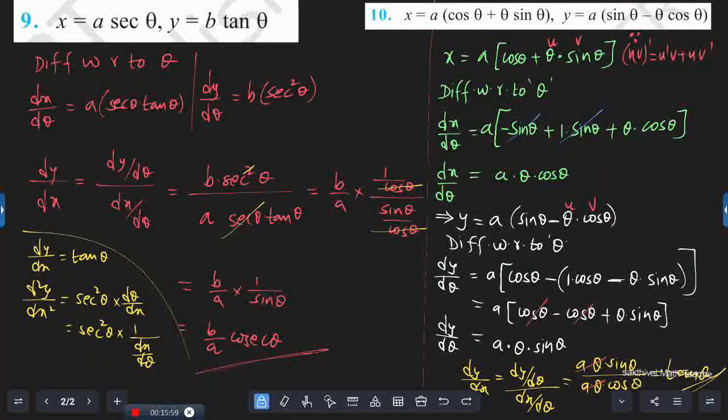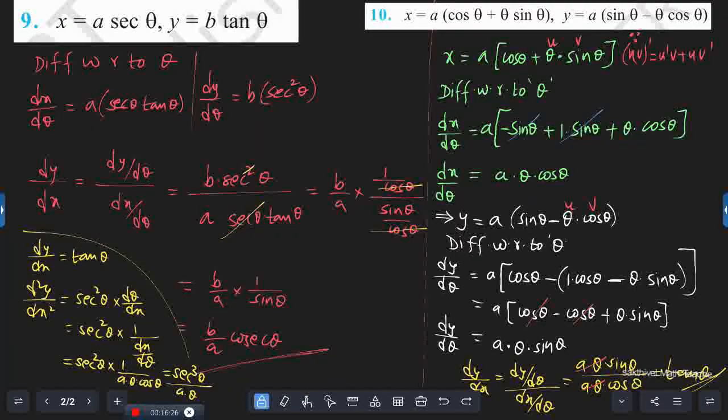So it is secant square theta, 1 divided by a cos theta. 1 by cos is secant. Secant into secant square is secant cube, divided by a into theta, and you will get d square y divided by dx square. Just listen, you don't need to write.